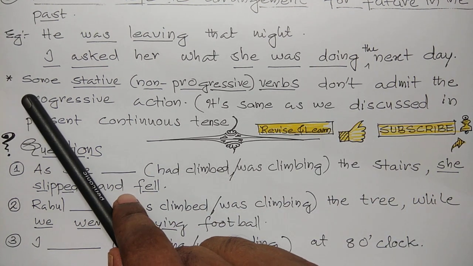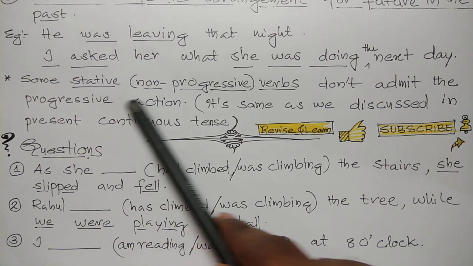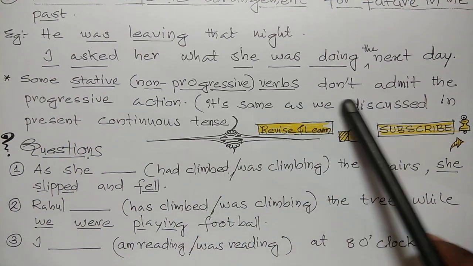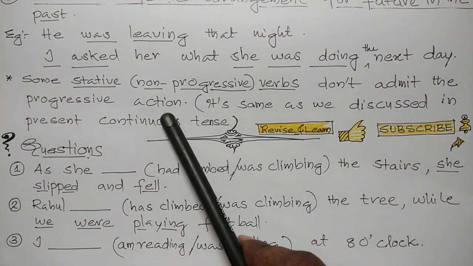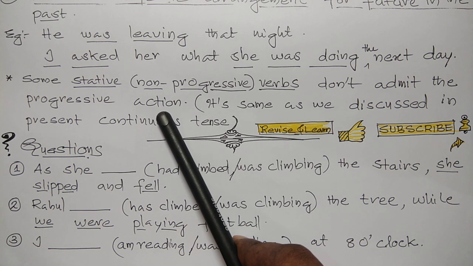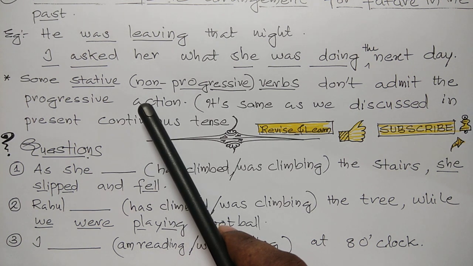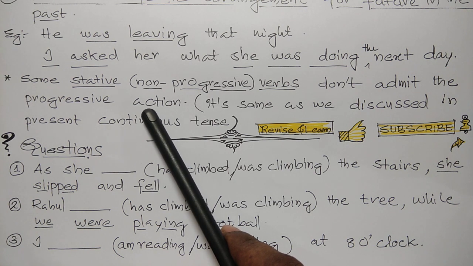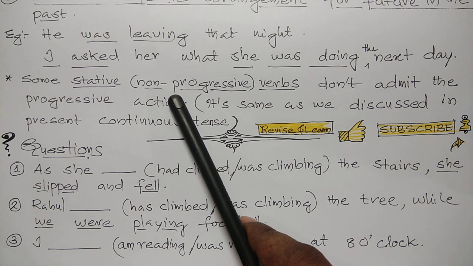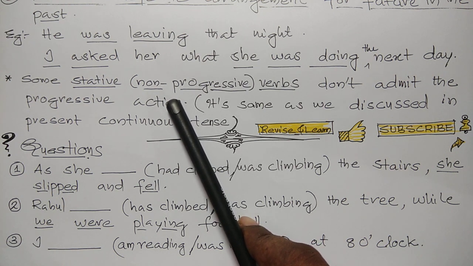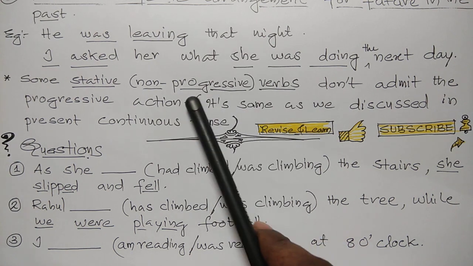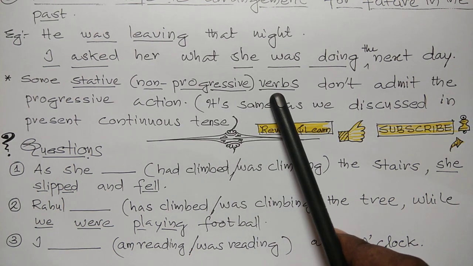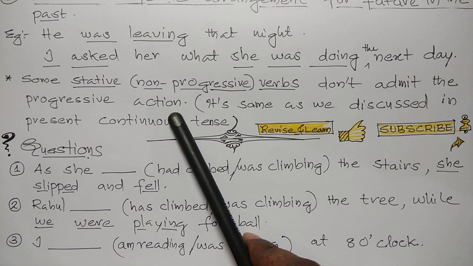See the note. Some stative or non-progressive verbs don't admit progressive action. Remember, in the present continuous tense session, we discussed stative verbs like verbs of perception, verbs of thinking, like that. Such kind of stative or non-progressive verbs don't admit the progressive action.